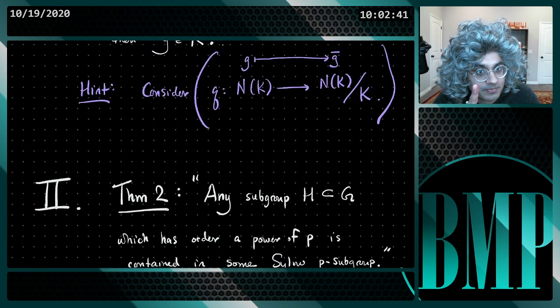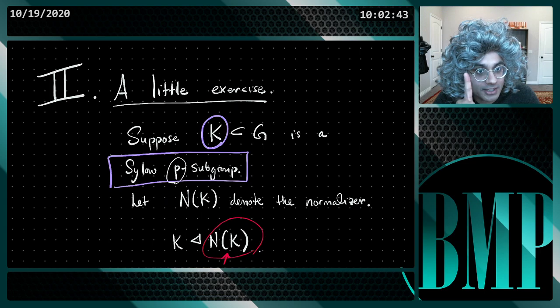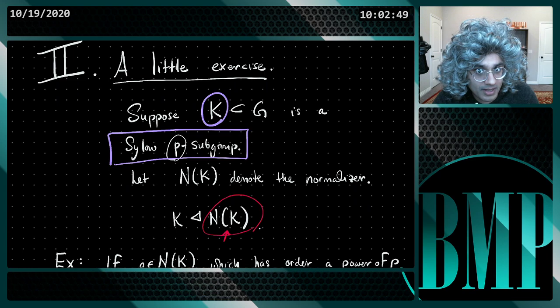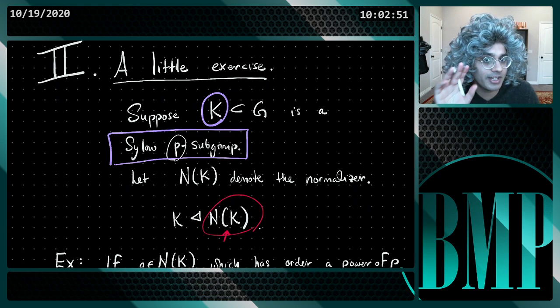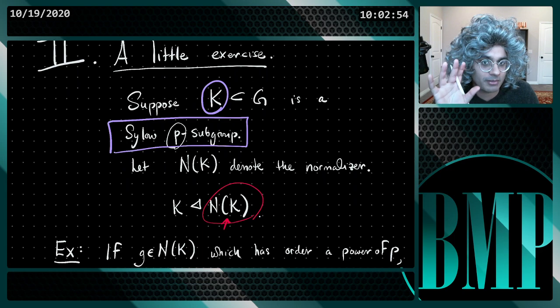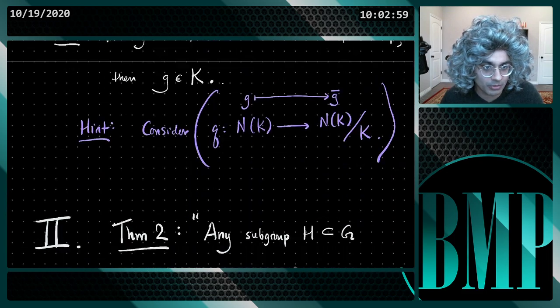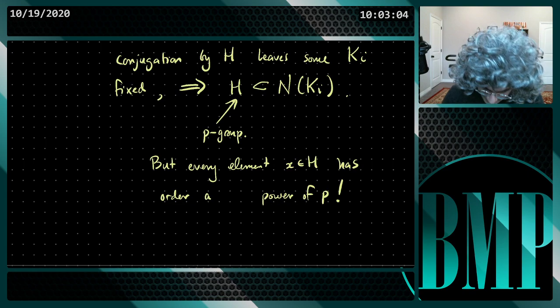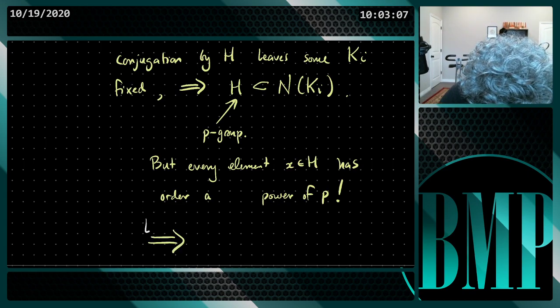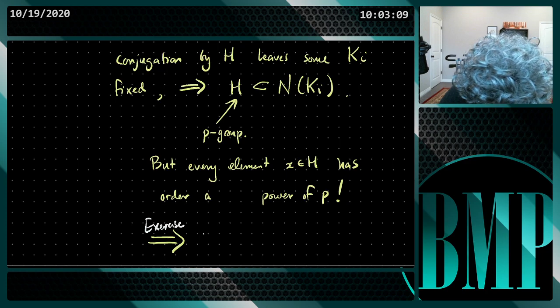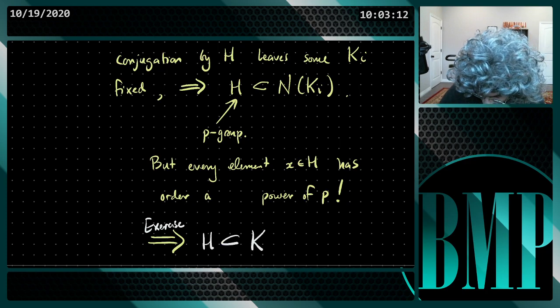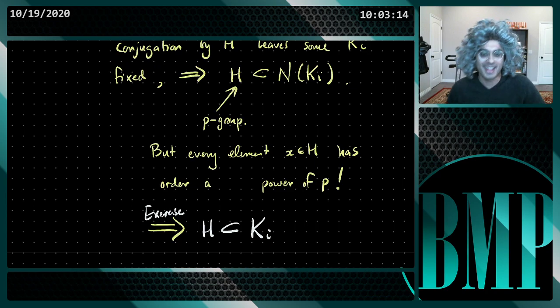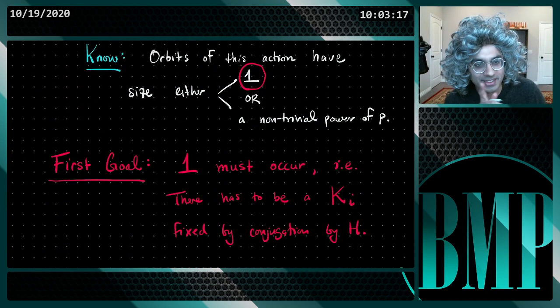Where's the exercise? Little exercise. When you have a Sylow P subgroup, you look in the normalizer of it. The only elements whose orders are powers of a prime P are the elements in the Sylow subgroup. So you apply that to elements of H in here. So the exercise gives that H is contained in Ki.